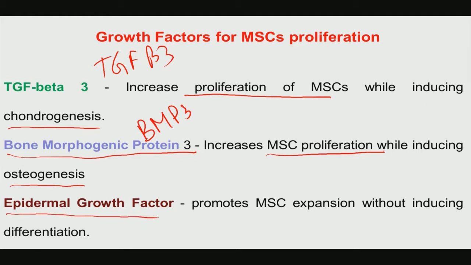The third one is epidermal growth factor. It promotes MSC expansion. Expansion and proliferation are synonymous. In cell biology and biomaterials literature, particularly in the context of MSCs, people tend to use the word expansion more often than proliferation.